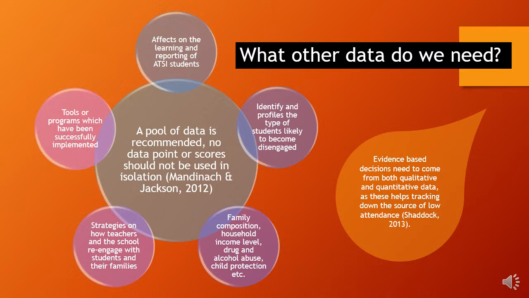Identify what these students have in common: their family composition, parents' education level, drug and alcohol abuse, etc. Also informative data about what strategies, programs, or tools have been proven to successfully re-engage these families. This new data set is going to be both qualitative and quantitative.